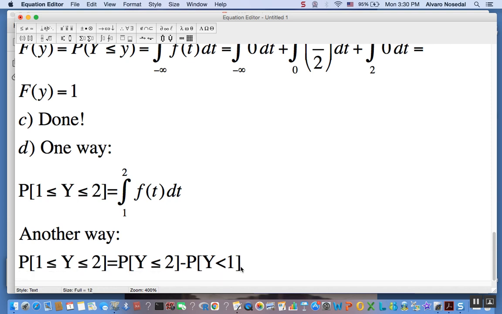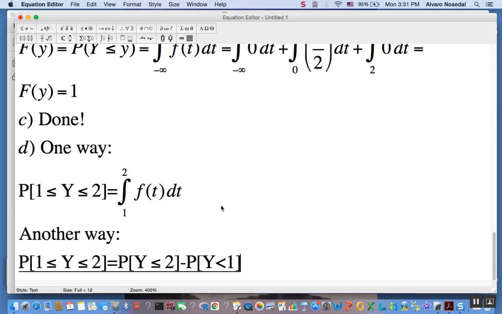Now, remember that in the case of a discrete random variable, it is not the same saying less than or equal to 2 than strictly less than 2. Including 1 point could make a difference. Well, it turns out that in the case of a continuous random variable, one single point doesn't make a difference.